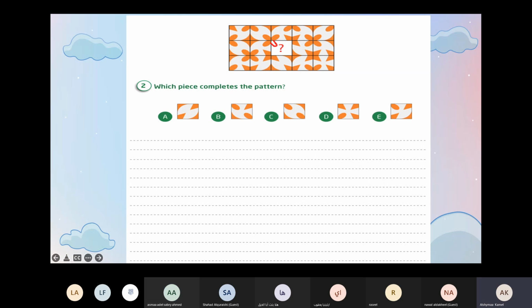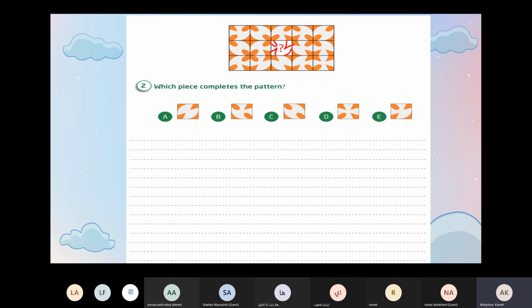Let's figure it out, and see whether it's C, E or not. I will make this one like this and this one like this, and here like this. So which one looks like what I did here?